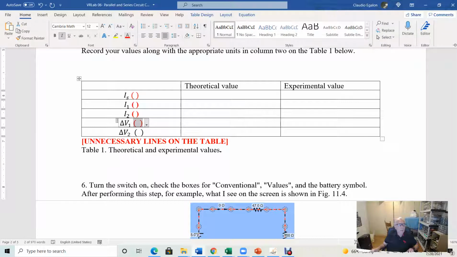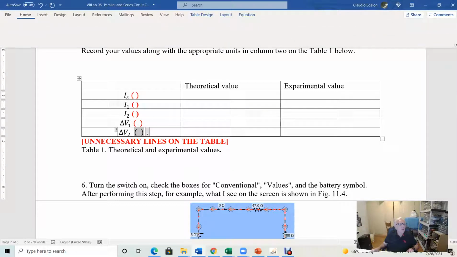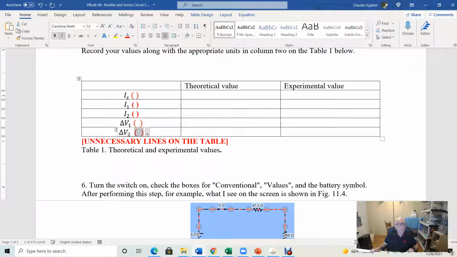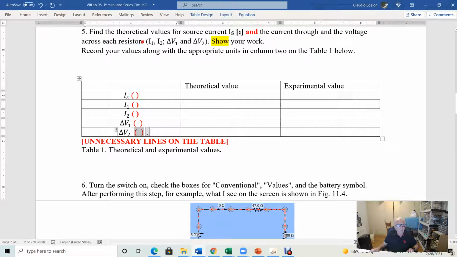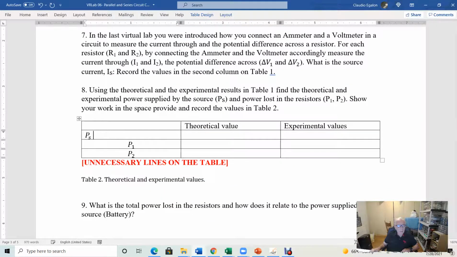Red and bold. Here you go, put the unit there.